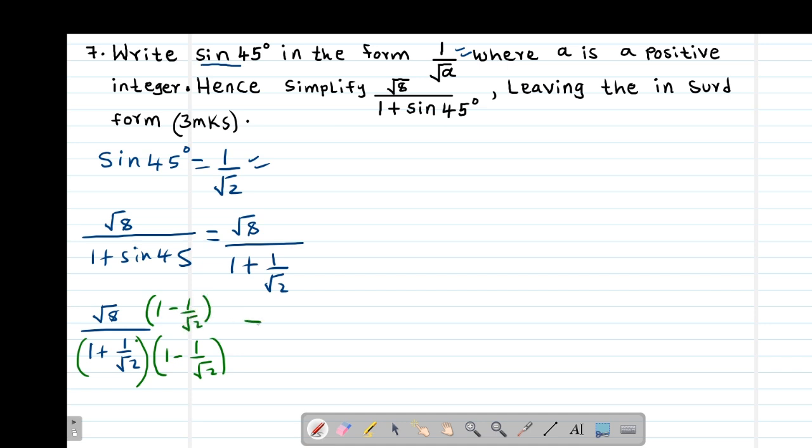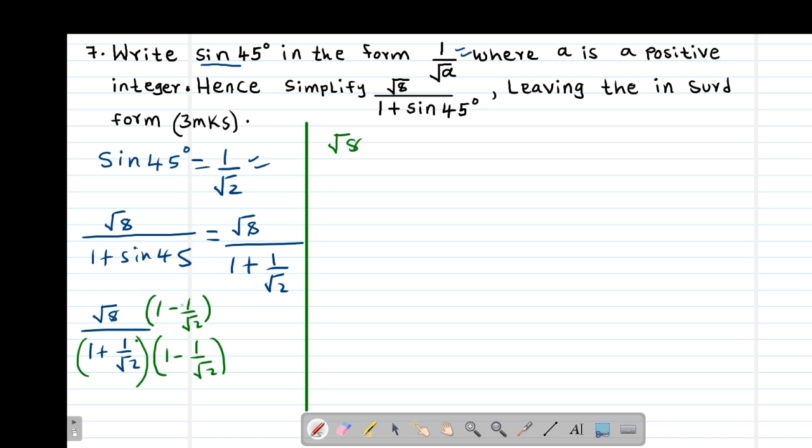So this will be equal to root 8 times 1, I'm going to get the root of 8, then minus root 8 times negative 1 over root 2. Actually, I can rewrite it on this upper side because I have enough space. So this will be root 8 times 1, which gives the root of 8.